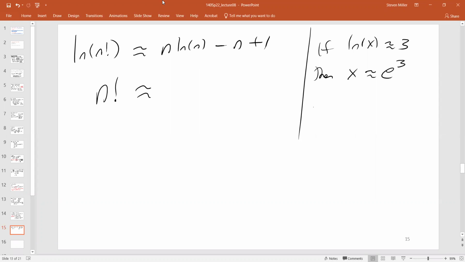If I tell you the natural log of x is approximately 10, then x is approximately what? E to the 10th. So if I tell you the natural log of n factorial is about n log n minus n plus 1, what should n factorial be approximately? So how would you continue the pattern?